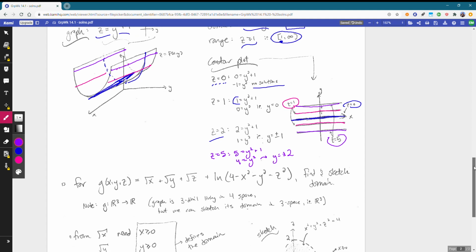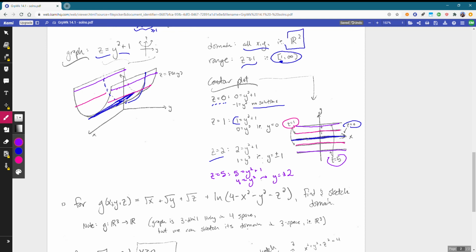For number 3, we're looking to take this crazy looking function and find its domain and sketch its domain. Notice this is a function of 3 variables. And so this function takes in an xyz point and spits out something else, w.